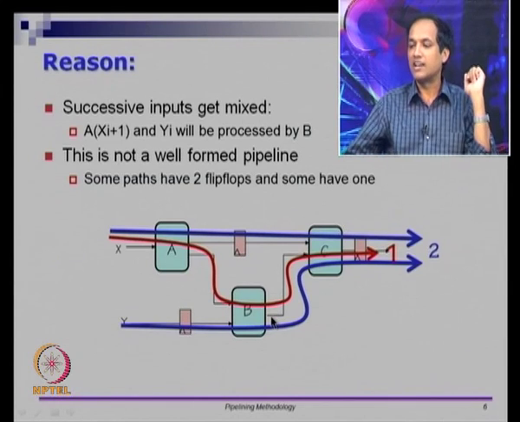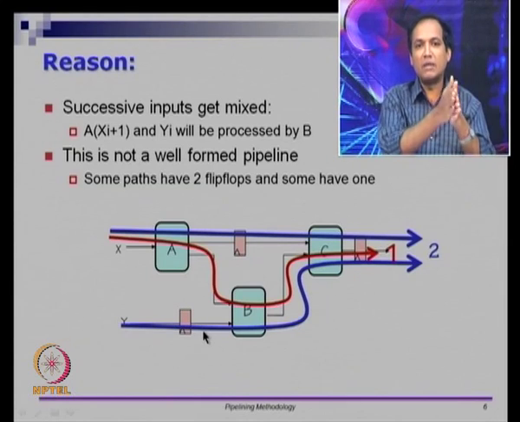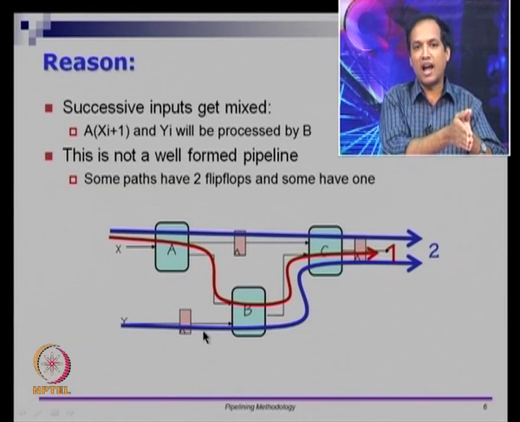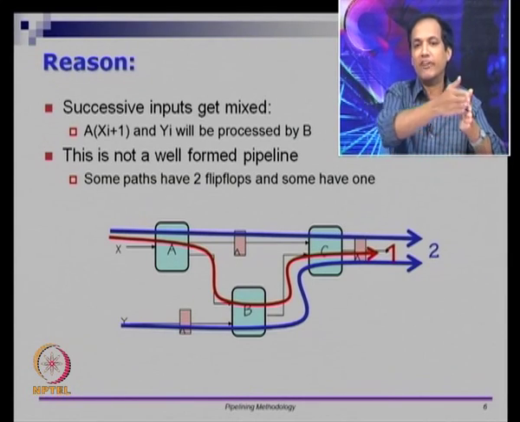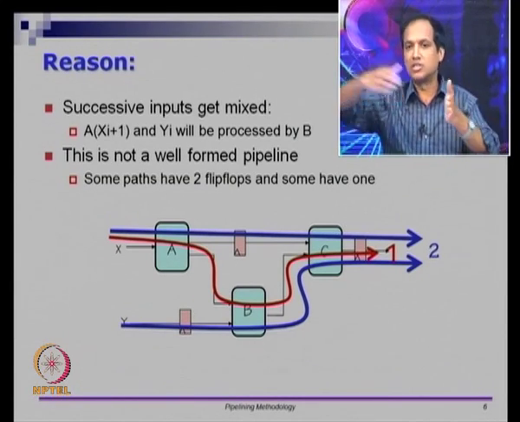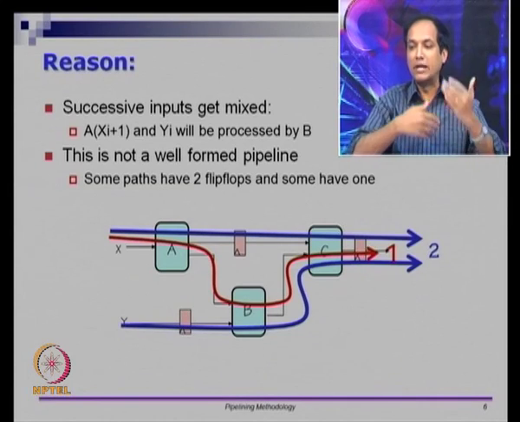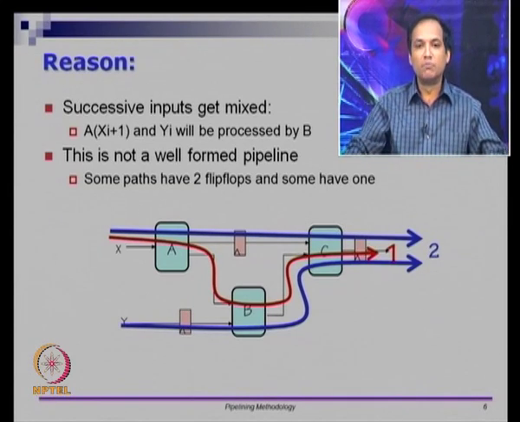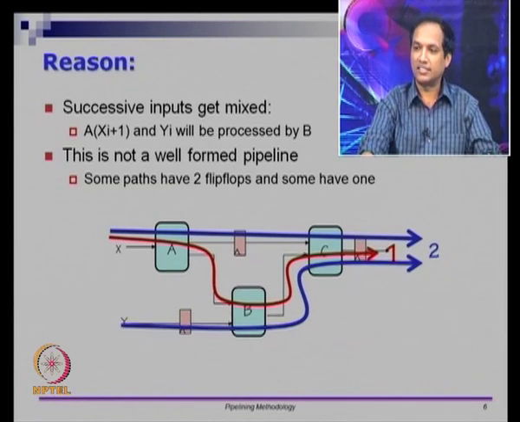So, that is not a correct pipeline circuit. This is a bad combination. At any point of time, whatever input is given at the global input, you want to give all the inputs at one time, wait till the circuit produces the output, and then give the next set of inputs. So, this one is asking me to mix x and y inputs from multiple stages to be given together, and that is not correct.